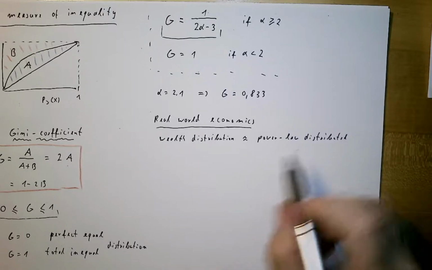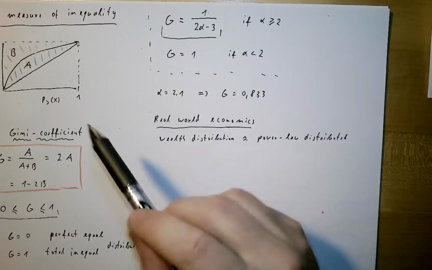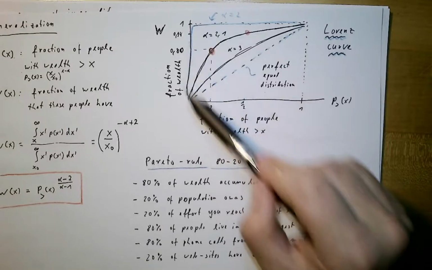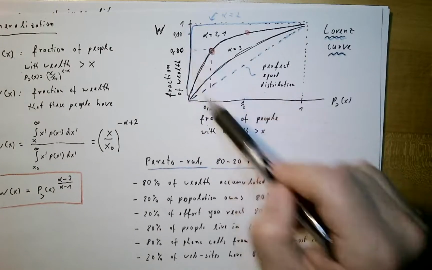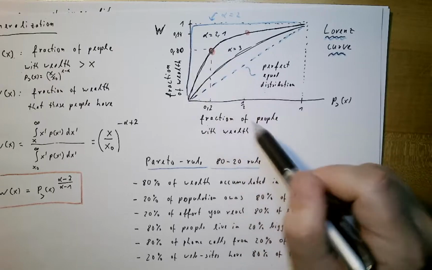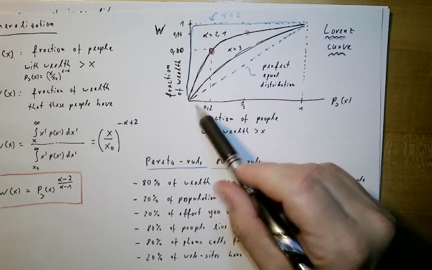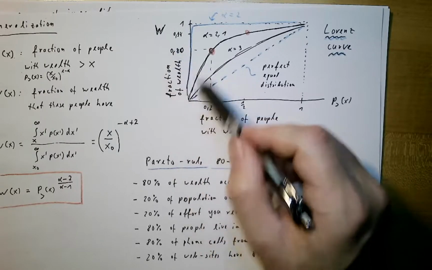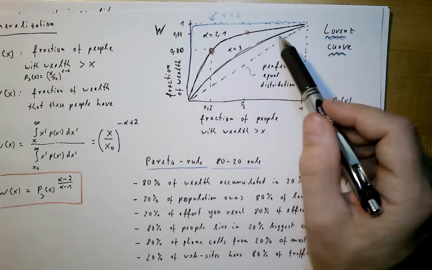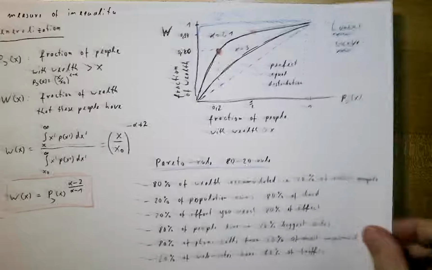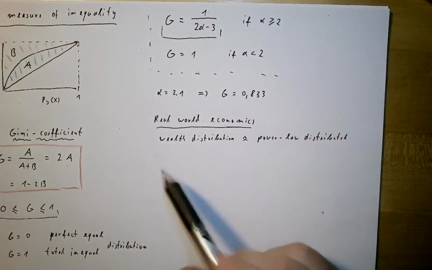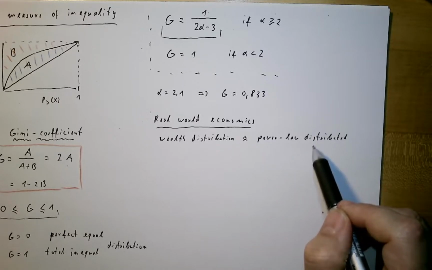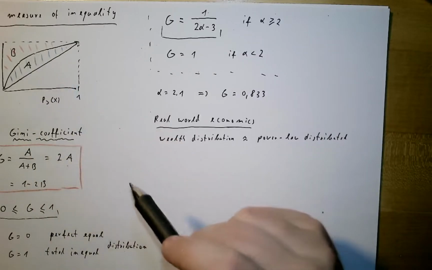But not perfectly, it's not a perfect power law. But to construct the Lorentz curve, we don't need a power law. When you have the data, the amount of wealth of every person, you can calculate the cumulative distributions and then you can calculate the Lorentz curve, even if you don't have a power law. So maybe the wealth distribution in a country is only approximately a power law, but still we can calculate the Lorentz curve and the Gini coefficient.